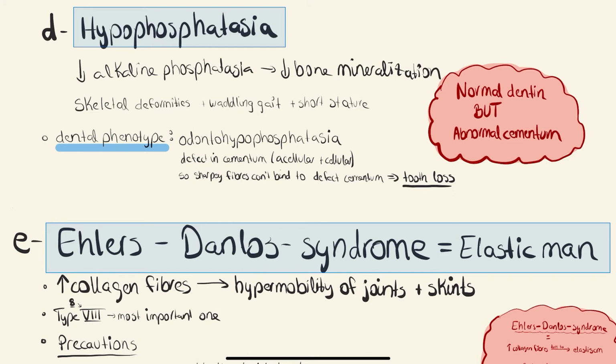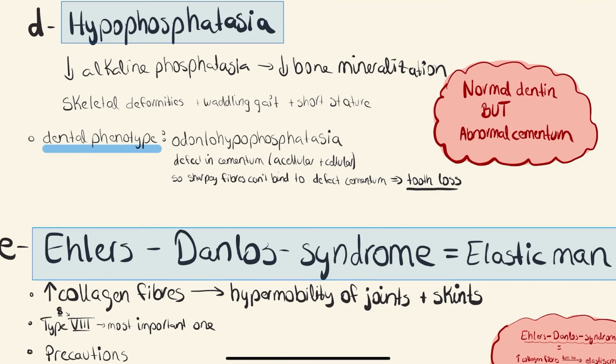When we have a defect in the cementum, the Sharpey's fibers can't bind to the defective cementum, so we have tooth loss. You have to know that we have a normal dentine, but abnormal cementum here.